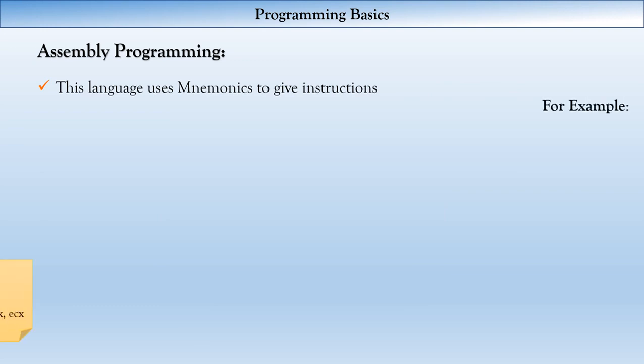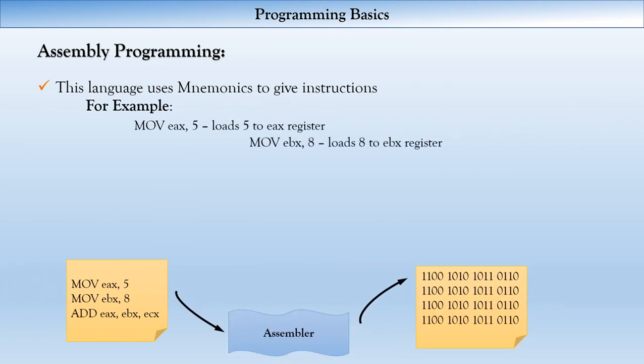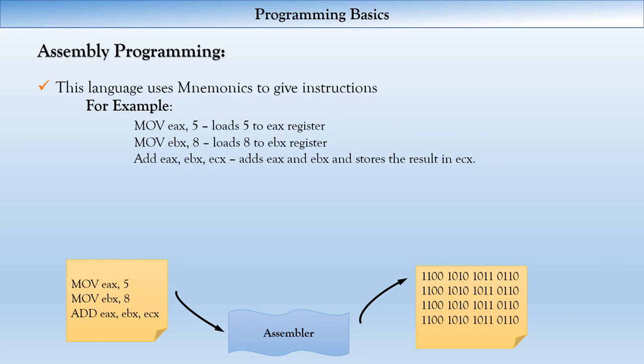Next is assembly language. Assembly language uses mnemonics to perform the task. For example, if we want to add two numbers, we will give these instructions to the computer, which is MOV, which is move, EAX is register, comma 5, which is value.